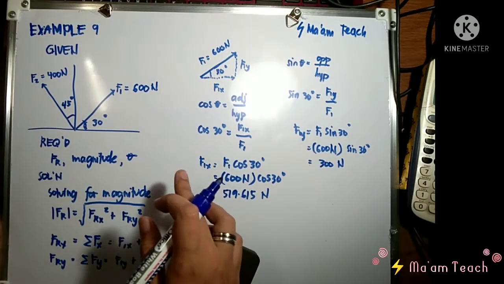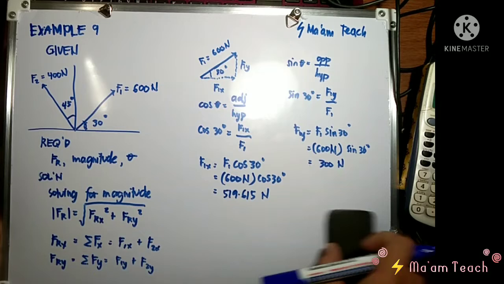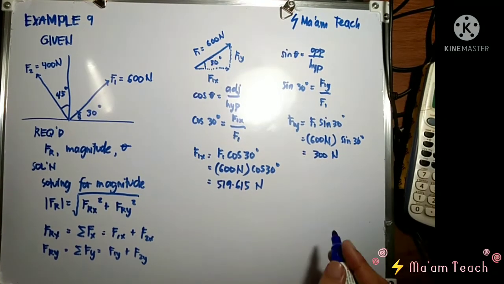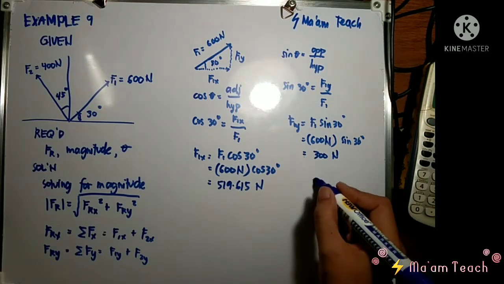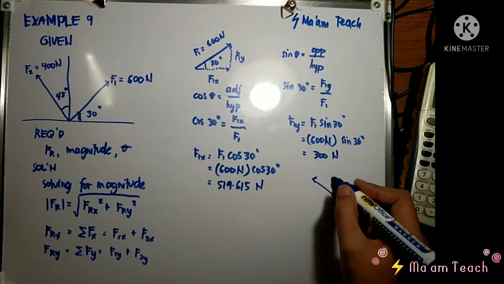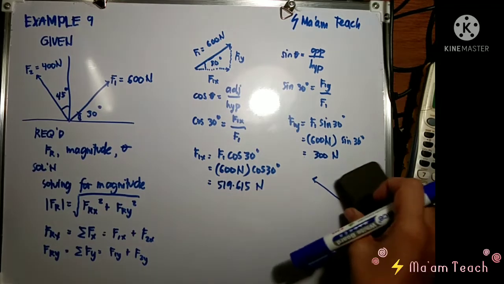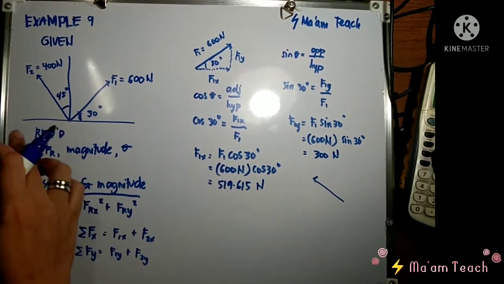Now, how about for the force 2 or F sub 2? Let us draw the figure of the force F sub 2. F sub 2 is like this. But take note, class, that our given angle is with respect to y.